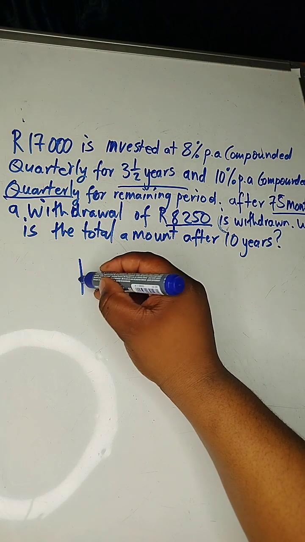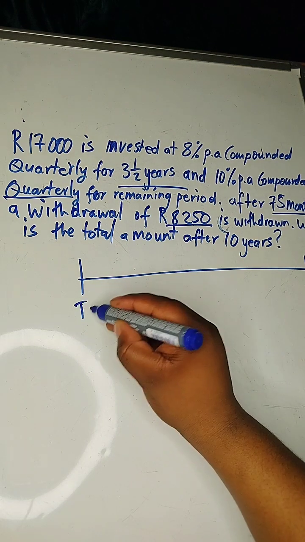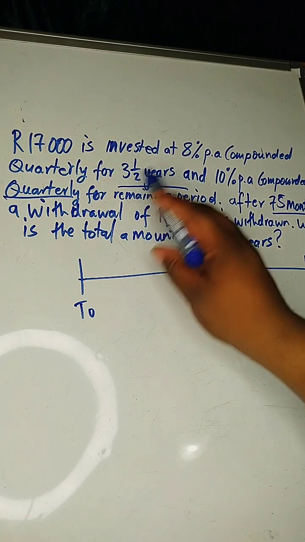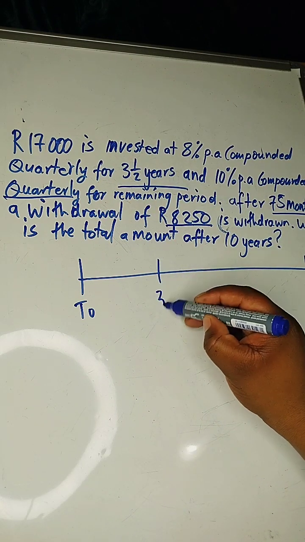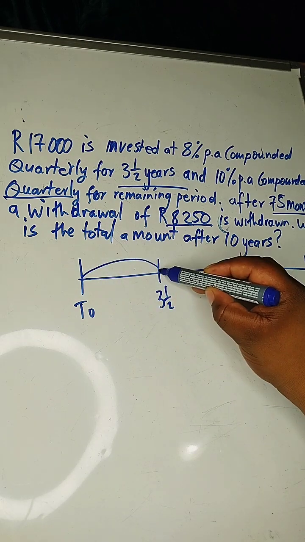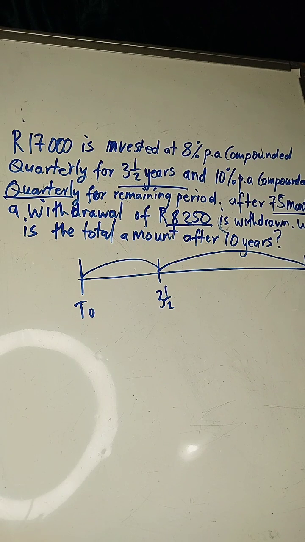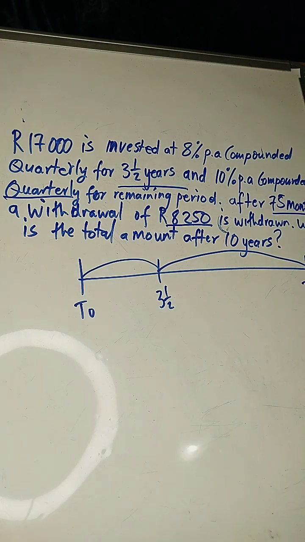Now let's write a timeline for this problem. This problem is a problem of combination. We have T0, then after 3.5 years there was a change in compounding periods. Here we have 10 years, then after 75 months of this.